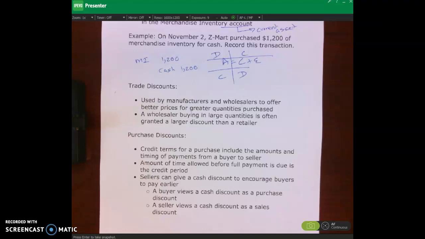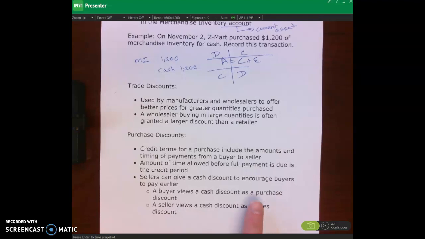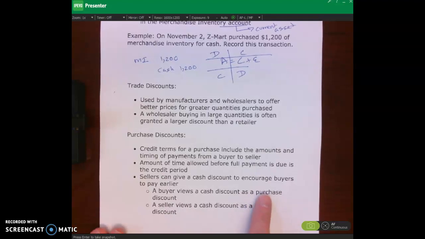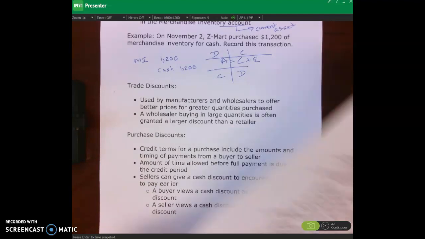So cash is king. They want cash fast. So they give us an incentive to pay early. They say, take off 1%, take off 2%, whatever the purchase discount is. The seller is going to view that as a sales discount, but right now we view that as a purchase discount. And we'll talk about sales discounts in another lecture video, okay?